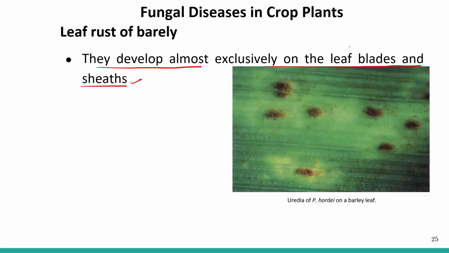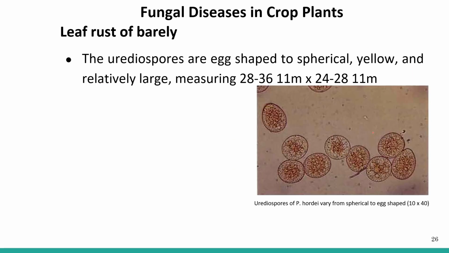So they are present on the leaf blade as well as on the sheath. Here you can see they are present on the leaf sheath region. These are the urediospores. The urediospores are egg-shaped to spherical, yellow and relatively large, measuring 24 to 28 by 11 micrometers.